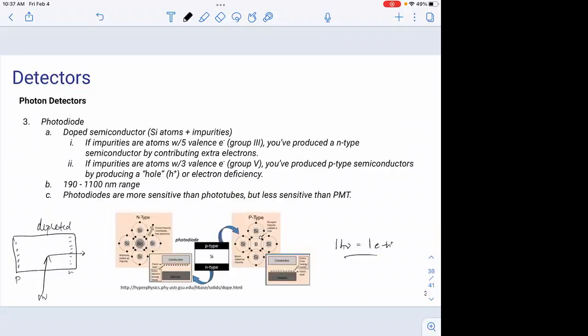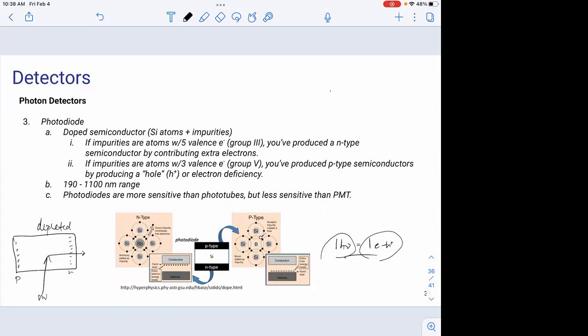Okay, so I mentioned that these are not super efficient. Another way to think about this is, just as we used an amplification technique in a photomultiplier tube from the effect of a phototube, we can do avalanche amplification in these diodes as well. So basically increasing the bias to get more than one electron hole pair for a single incident photon.